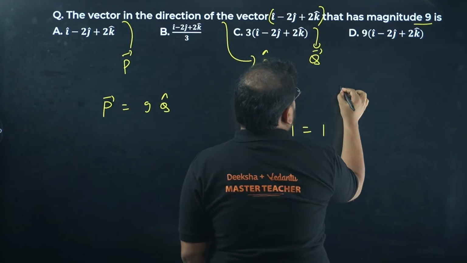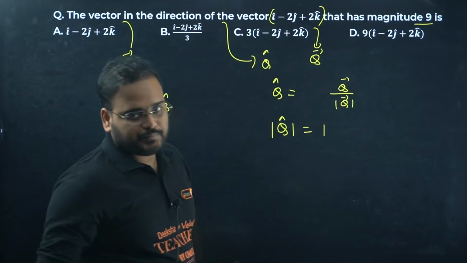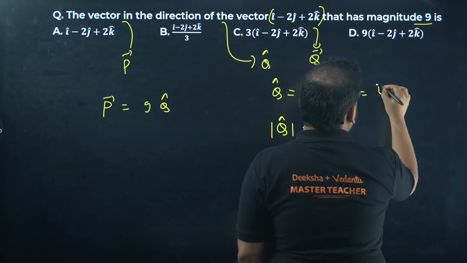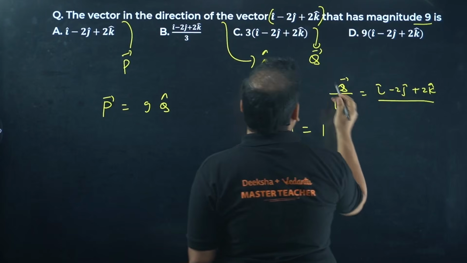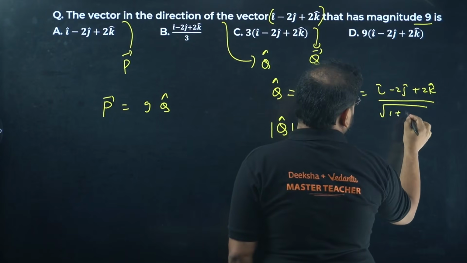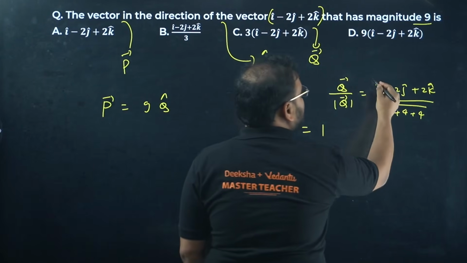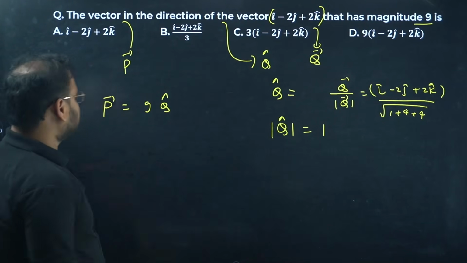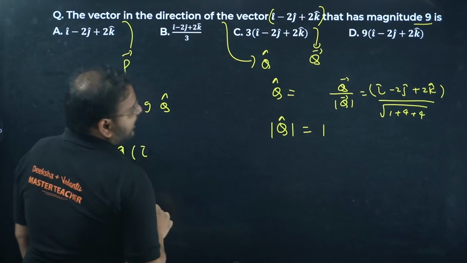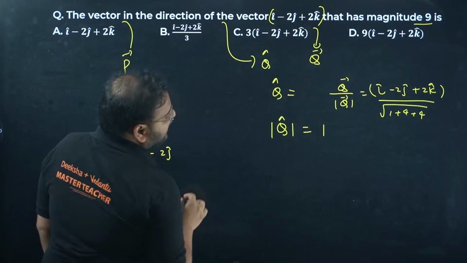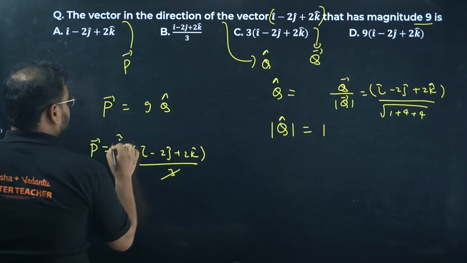You're going to get this as vector Q upon mod of Q. Over here, i minus 2j plus 2k divided by the modulus. The modulus is the root of 1 plus 4 plus 4, which is 9, which becomes 3. So this whole thing becomes this vector divided by 3. I want to get this as my result, vector P. So 9 times i minus 2j plus 2k by 3. The answer is this only.